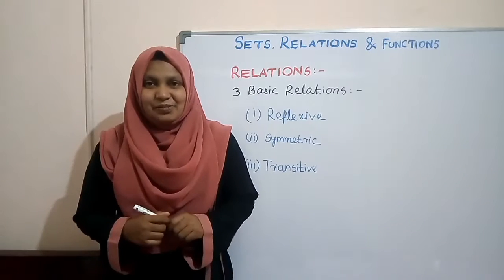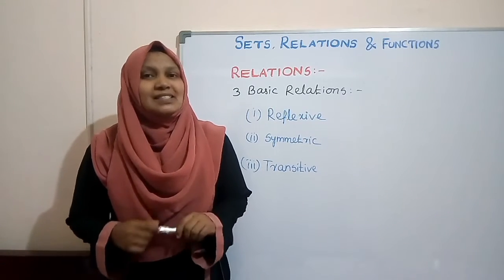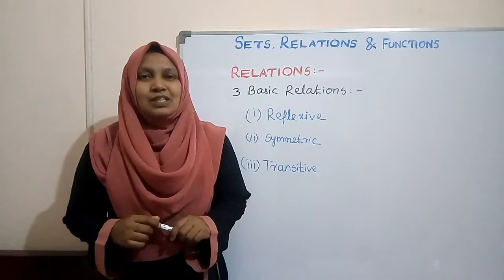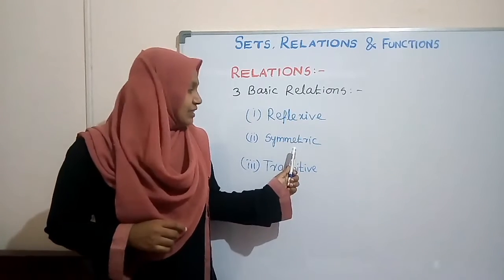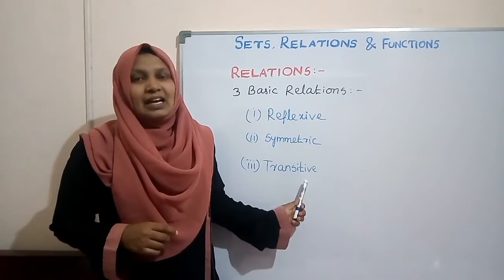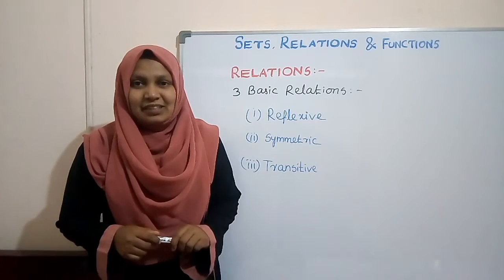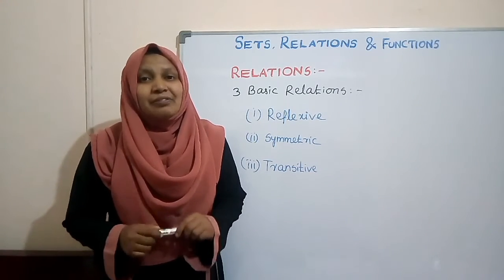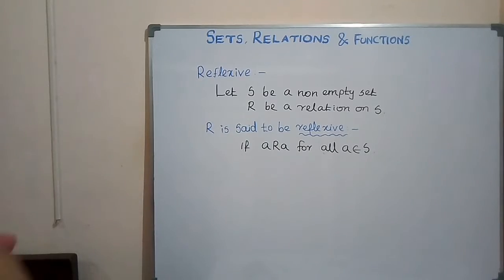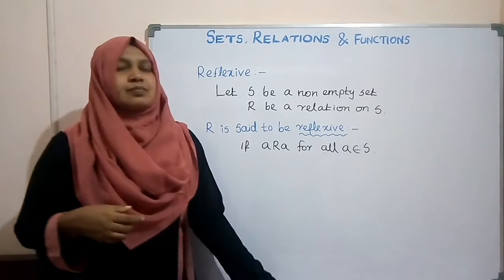Okay. Next we are going to learn about 3 basic relations. The first one is reflexive, the second one is symmetric and the third one is transitive. Let's see what is a reflexive relation.